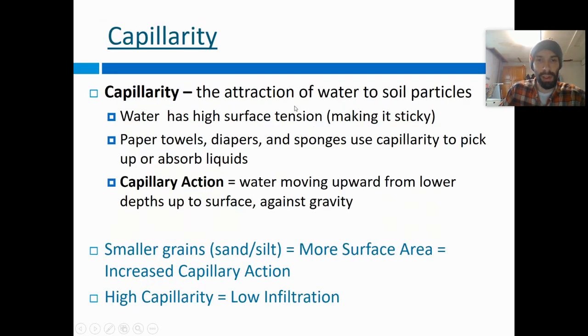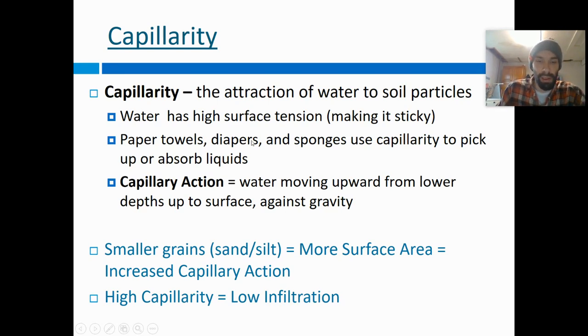So this is actually related to some chemistry. Water is a sticky substance. It likes to stick to things. It's got a high surface tension. That's why when you have a bunch of water droplets, it actually makes droplets. They stick to each other, and they'll stick to any surface that they can come in contact with. Now, if there's a lot of surfaces to stick to, there's a lot of capillary action. And that's really the difference between the school paper towel, which does absolutely nothing, and the quicker picker upper, nice fluffy Bounty stuff that picks up everything.